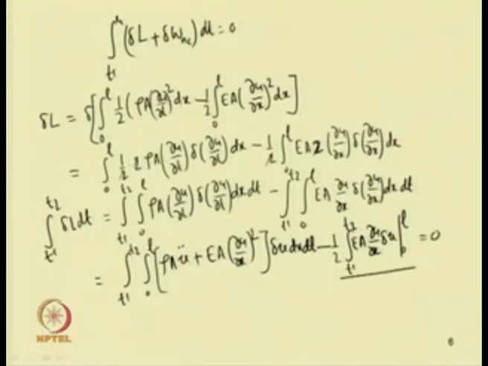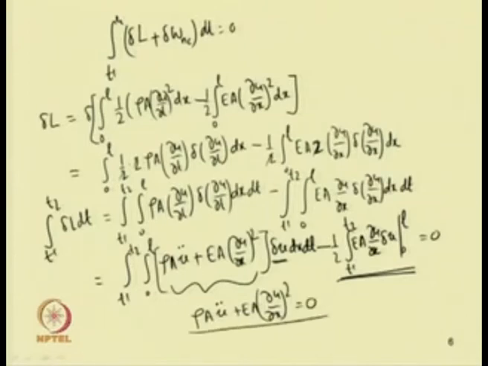This part is the boundary condition, and as del u is arbitrary, this represents the equation of motion of the system. So, the equation of motion becomes rho A u double dot plus E A del u by del x whole square equal to 0. This is the equation of motion for the system.